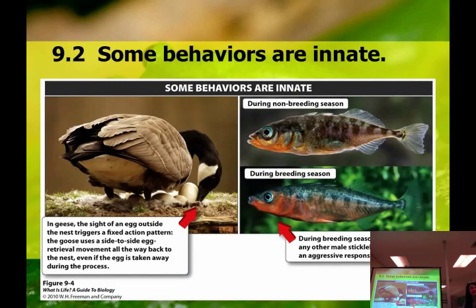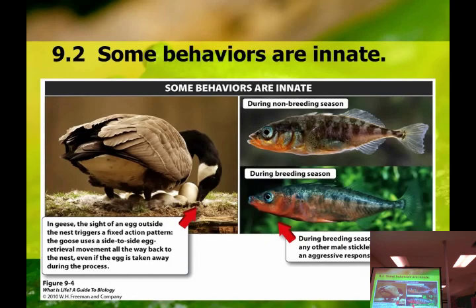Because anytime they see something of that size, they pull it back into the nest, because that will help their offspring to be able to survive. So if the egg rolls out of the nest and they don't roll it back in, then the egg has no chance of ever hatching.